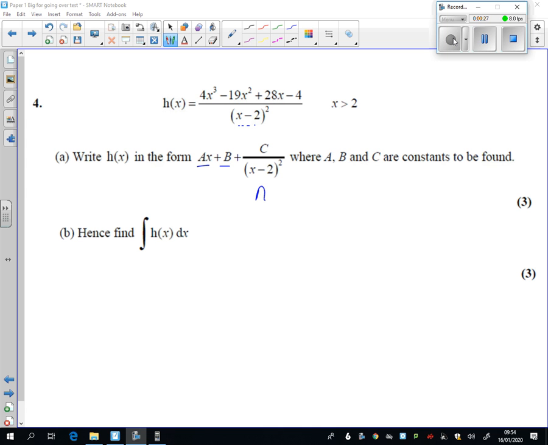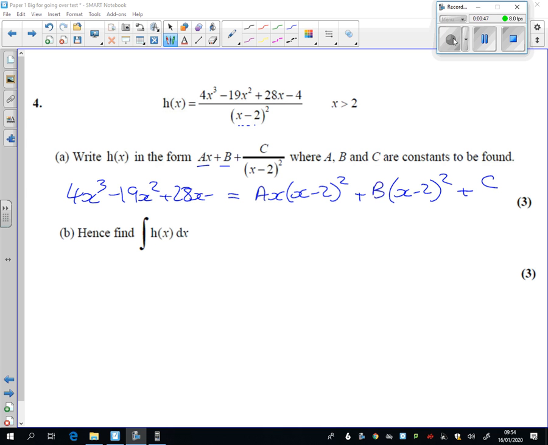So putting this over a common denominator, I've got ax times by x minus 2 all squared plus b lots of x minus 2 all squared plus c. And then that's going to be equal to the bit on the top of that one there.